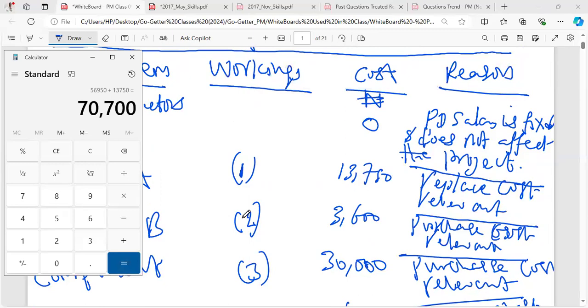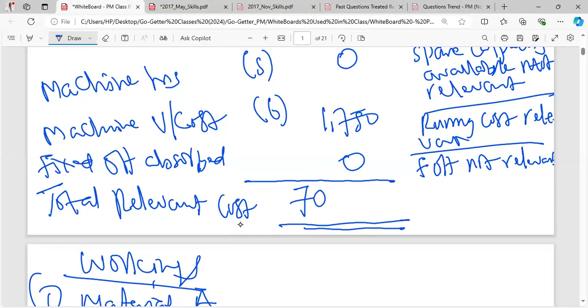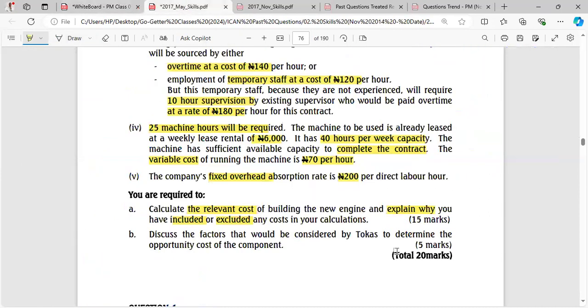That will give me 70,700. This is your relevant cost. So if the answer that you submitted, those who submitted the assignment, if you got 70,700, you are correct. So that's the solution to this question.